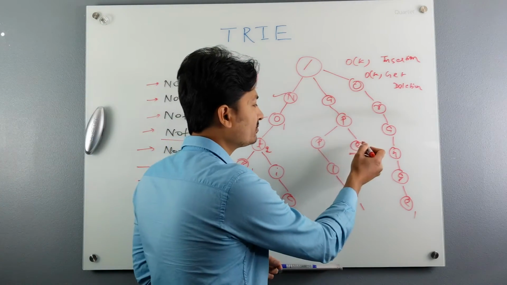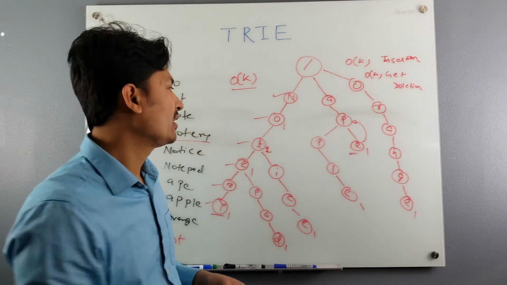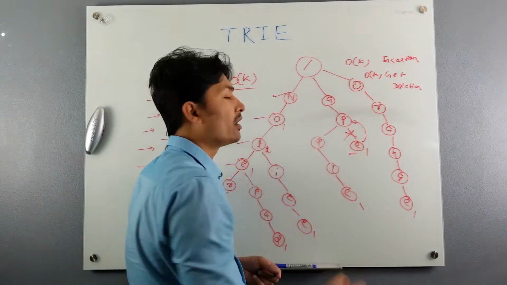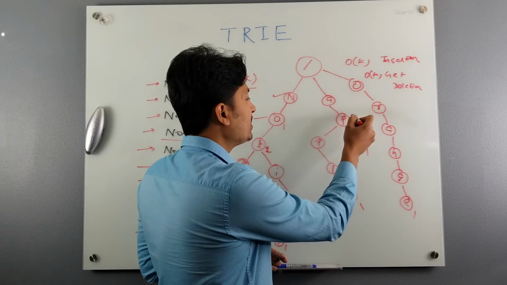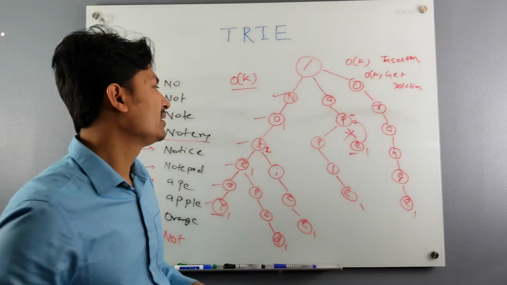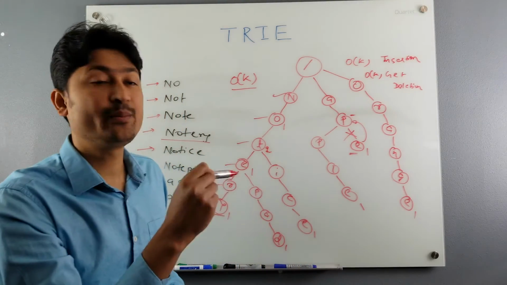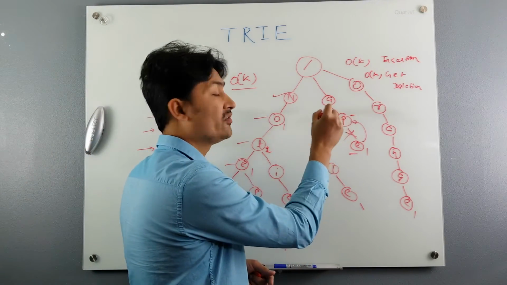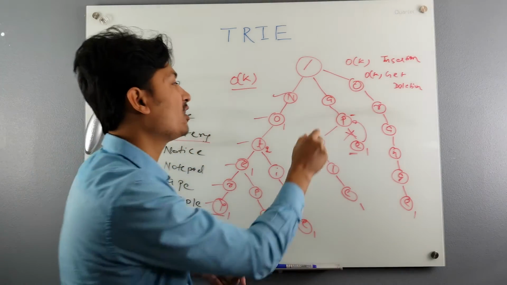So here, how do you delete it? You go to its parent node, which is P, and then you simply cut this cord. And once you reach P, you ask, do I have any children? As E is already deleted, it will say yes, there is another child P. It means this node, which is letter P, is also getting used for the word apple, so we cannot delete it.